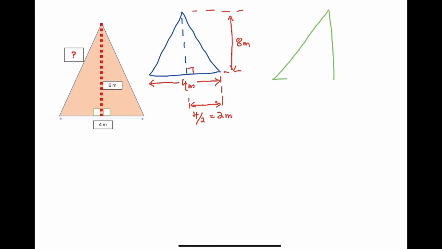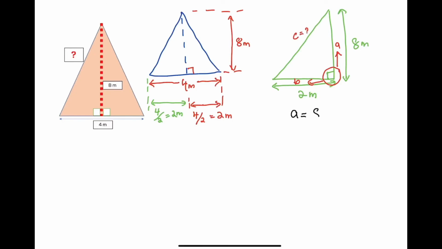We can make this a bit clearer by drawing just half of the triangle so we can identify the A, B, and also the C. So again, the first step is to identify the right angle, and then we can identify our A and our B and also C, which in this case we have to find.